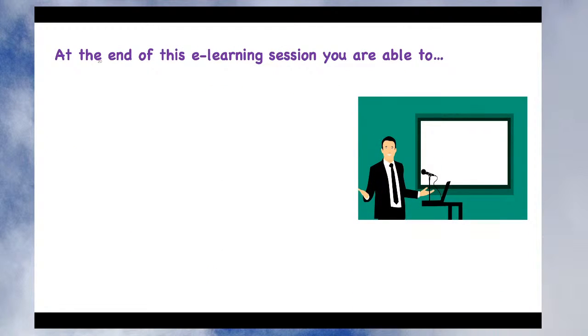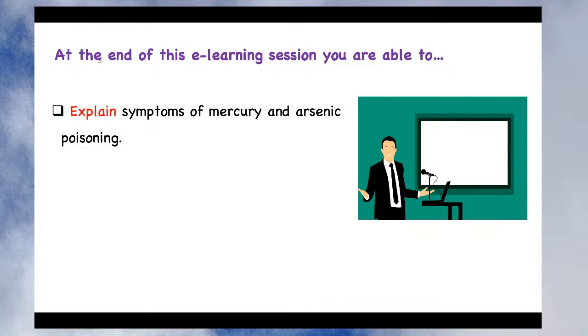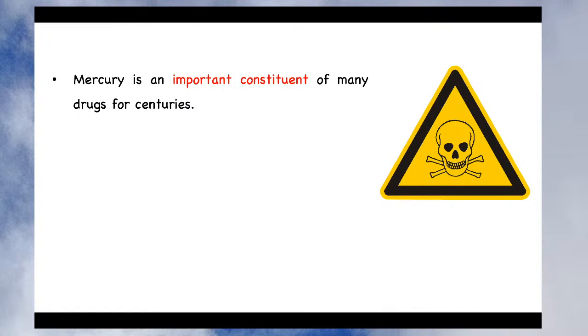At the end of this e-learning session, you will be able to explain symptoms of mercury and arsenic poisoning, and discuss its treatment and management. So what are the different forms of mercury and how does it produce mercury toxicity? Remember that mercury is one of the heavy metals and it is an important constituent of many drugs for a century.